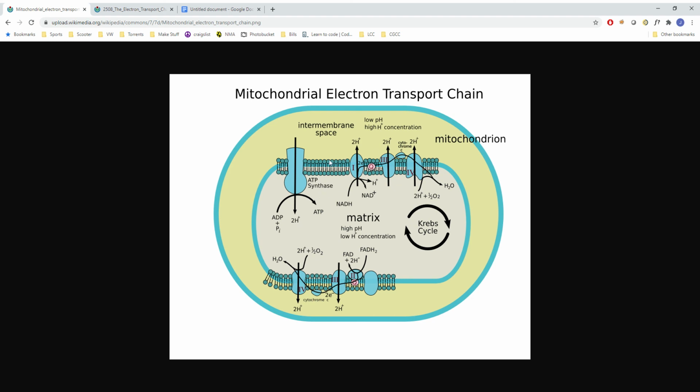And so all of this is occurring in the mitochondria, but within this inner membrane we have an area where we're constantly pumping out H+ ions. So we have a bunch of H+ on the outside and just a little bit on the inside here. And so to run these pumps, we use NADH, we use FADH2, and we just use these electrons, we just hand them off, and we get more and more work out of them until eventually we make water with them. We use H+ and oxygen, we make water.